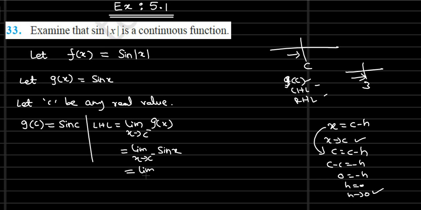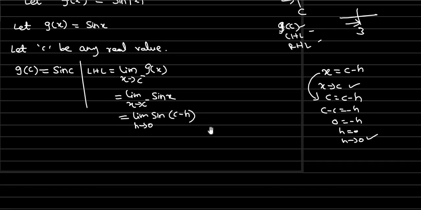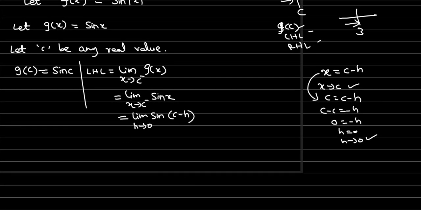Now we change the limit condition as well. Limit h approaching 0, and the x value here is c minus h, so sin of c minus h. Now we have a formula for sine of x minus y, and using that formula we expand this. Limit h approaching 0 of sin c cos h minus cos c sin h.